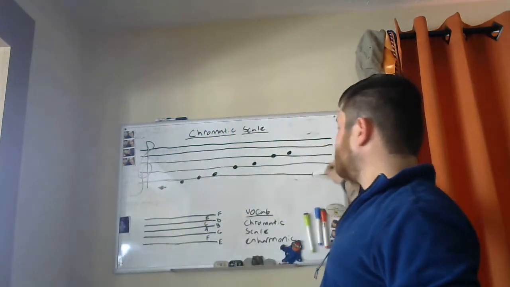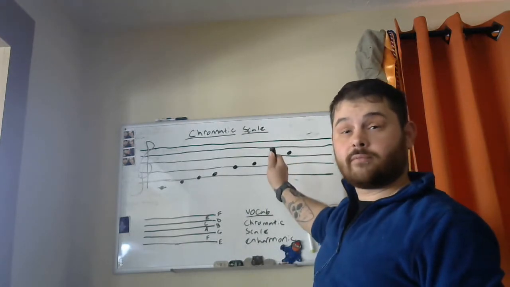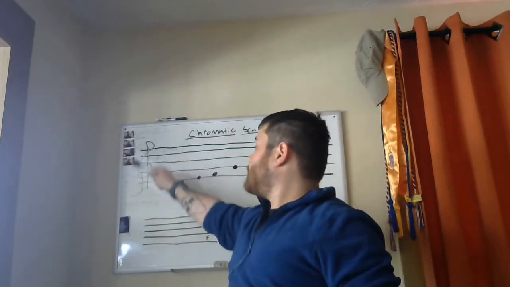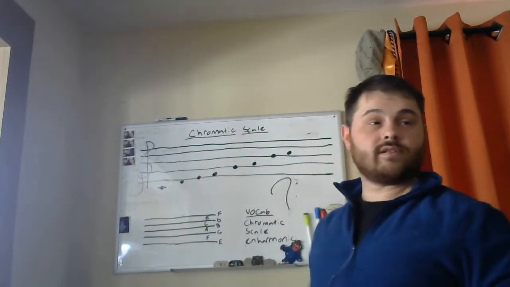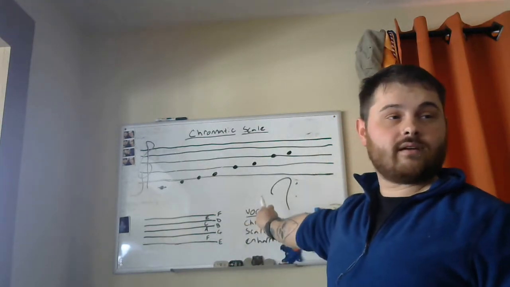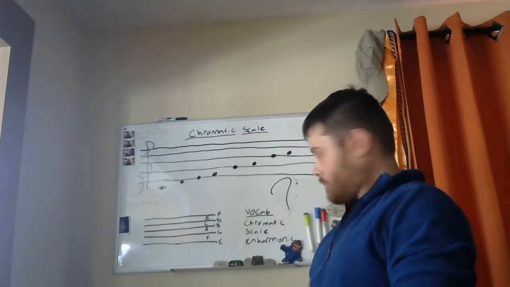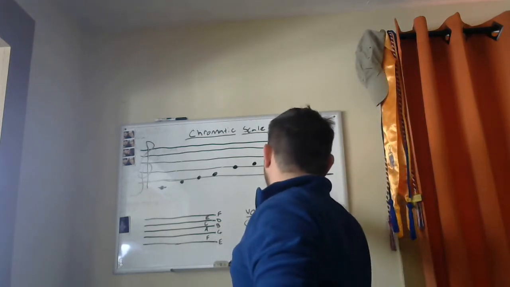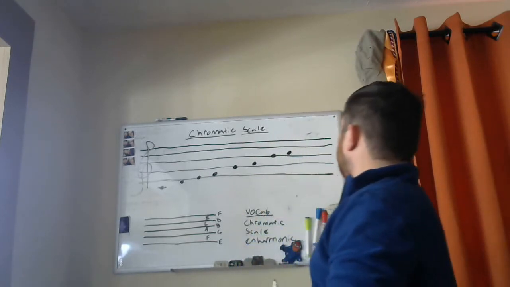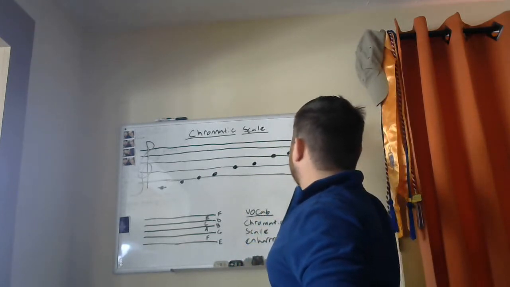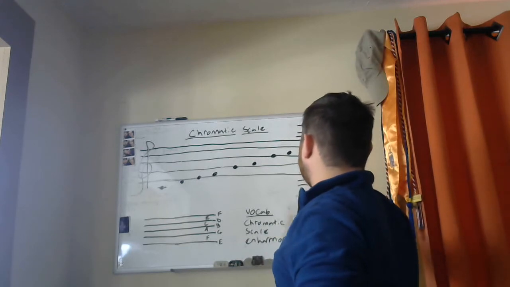In the first video, we talked about the lines and how they're called a staff. We talked about this symbol over here and this symbol, which is the treble clef and the bass clef. We talked about the lines above the staff and below the staff.